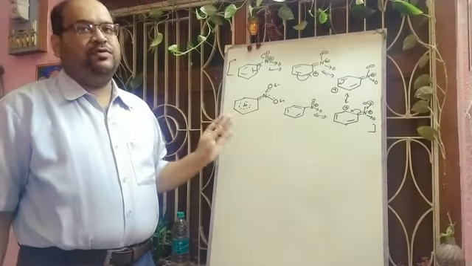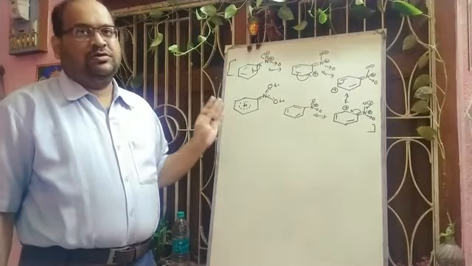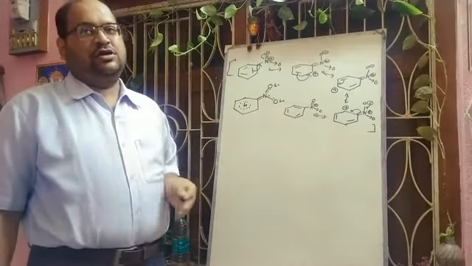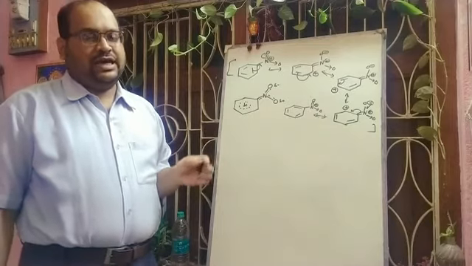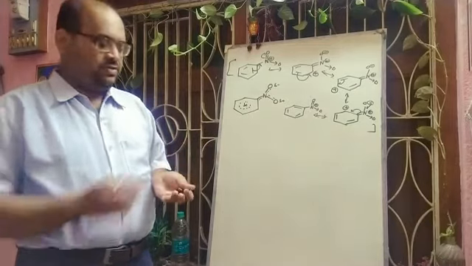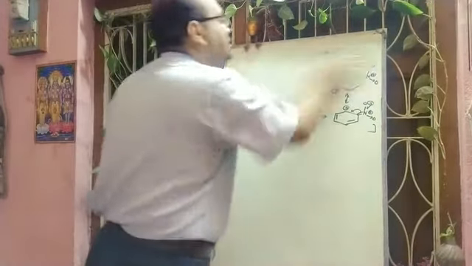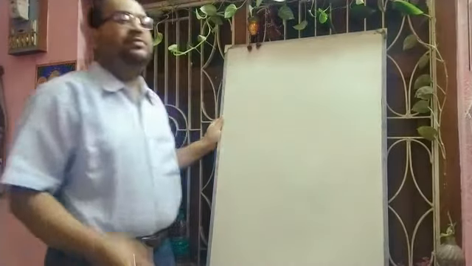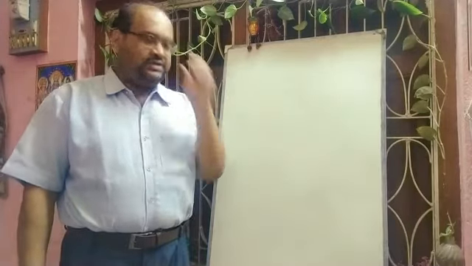This type of group is called minus R or minus M. So if a group withdraws electrons towards itself through resonance, it is called minus R or minus M. Hope you can understand, and you have to practice resonance structures. That is very important for your exam also, and many types of phenomena you can explain by using this resonance theory.